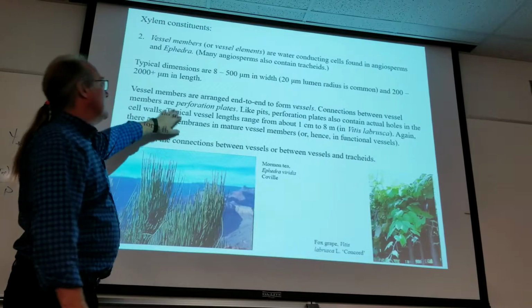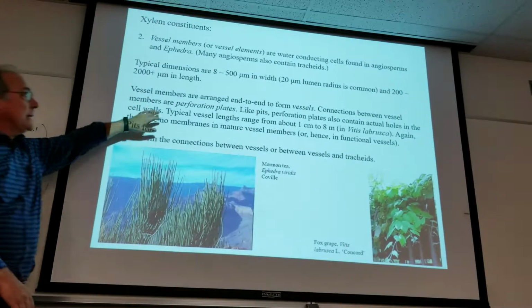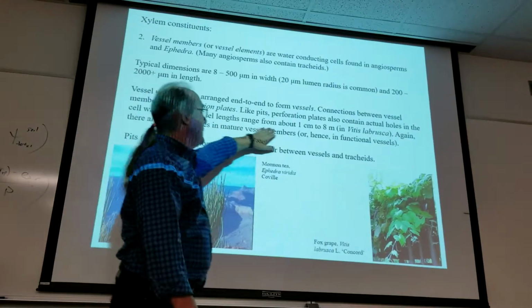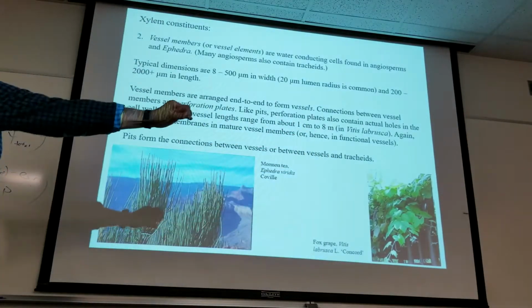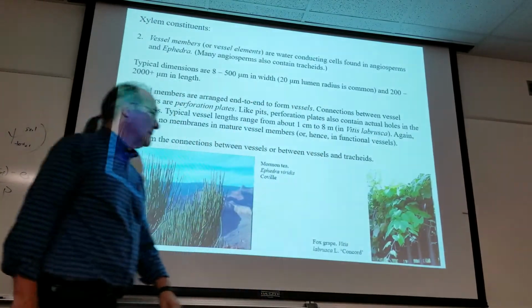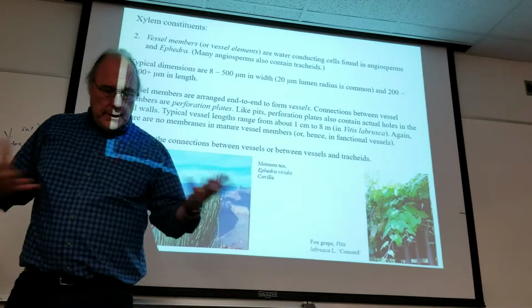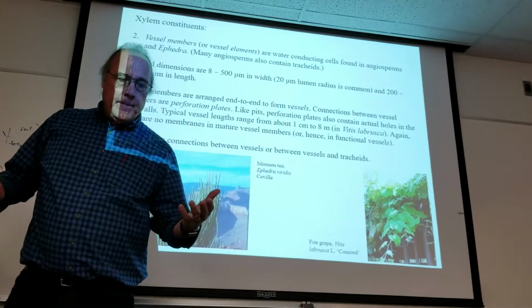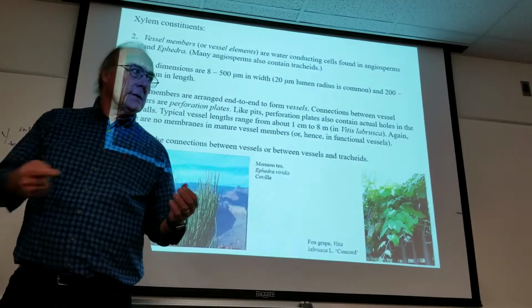Okay, so in angiosperms, we have these vessels that can be a centimeter to 8 meters long. One vessel, 8 meters in this species of grape, Vitis labrusca. The trade-off is that the vessel has a fairly low hydraulic resistance.